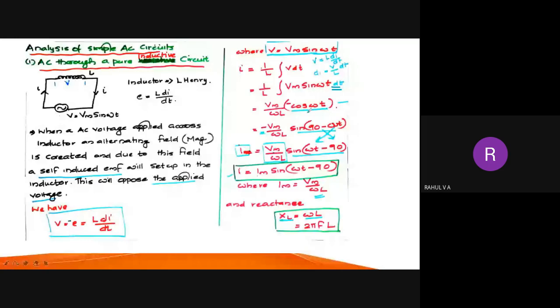We know that if it is sin t dt, we can directly write minus cos t. Since it is sin omega t dt, I should write minus cos omega t divided by omega. So the first term has become Vm divided by omega L into minus cos omega t.